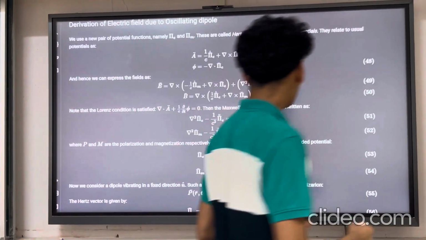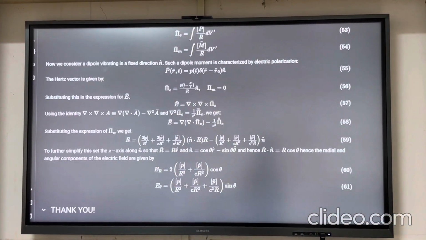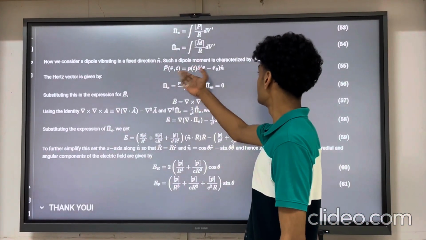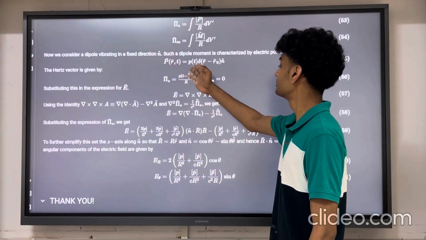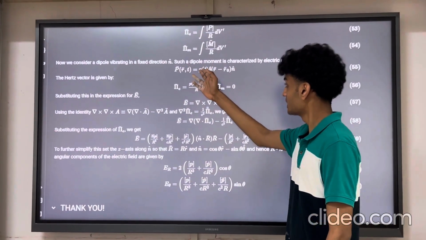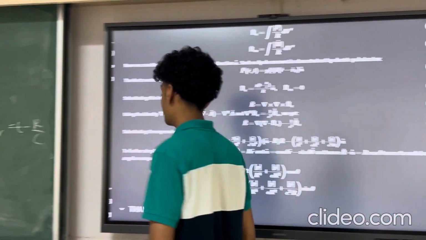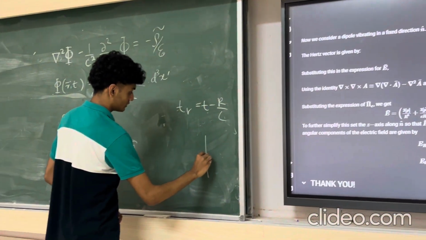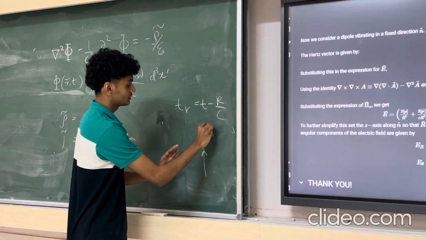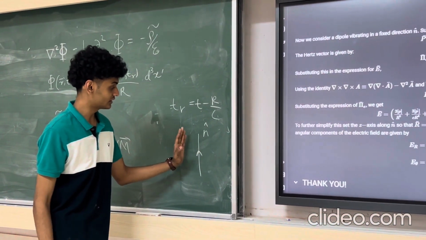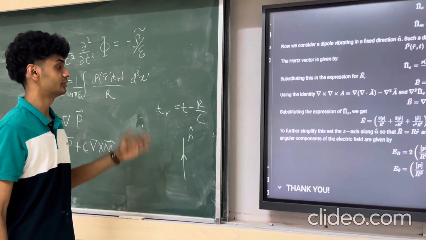Now coming to the problem of the dipole, we consider a polarization which is given by the dipole moment magnitude along the n hat, so we basically have a dipole moment aligned along this direction, and we consider that it is also oscillating in the same direction.